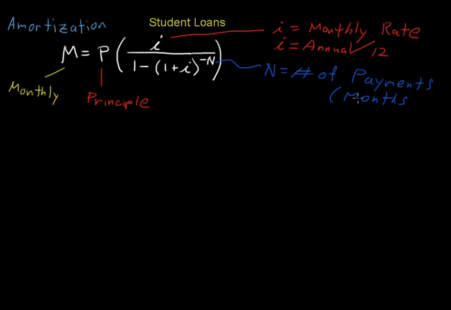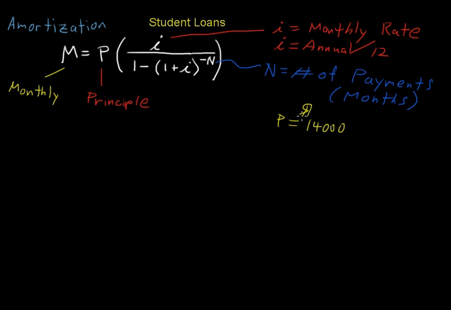Okay, and then you can just throw everything in there. So let's say you have an initial principal. You end school and you have your initial principal of $14,000. Well, let's plug in what we have. Let's say we have P equals $14,000.